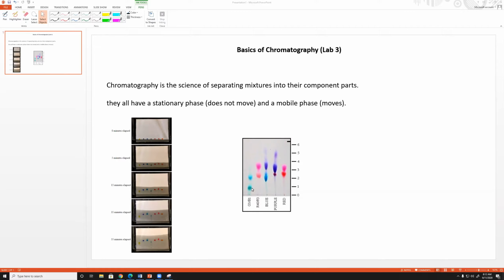G3 is this bottom one, B1 is up here, R40 is right here, and R3 is the top. We're going to compare our different food coloring dyes, blue, purple, and red, to these two columns of controls to see which dots they have in common. The dots they have in common are going to be the compounds that they have. So let's take a look.